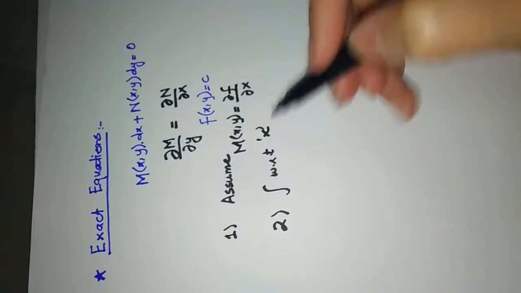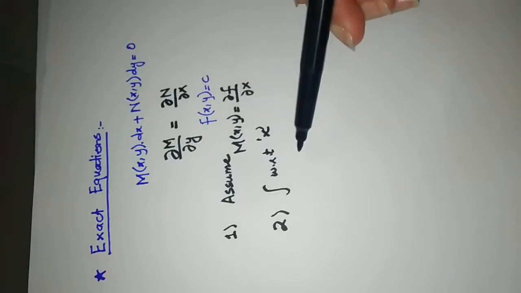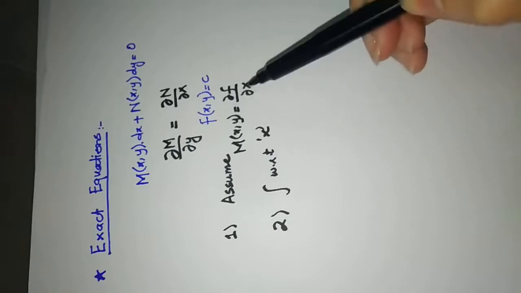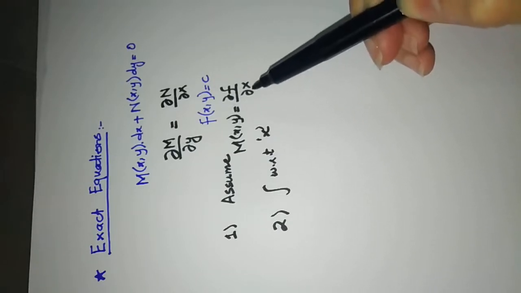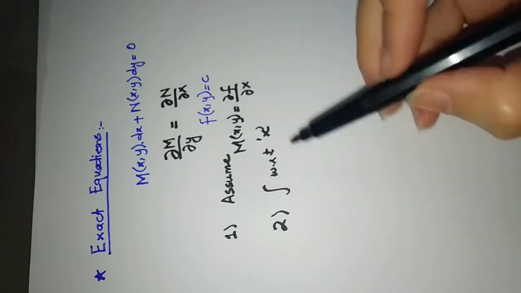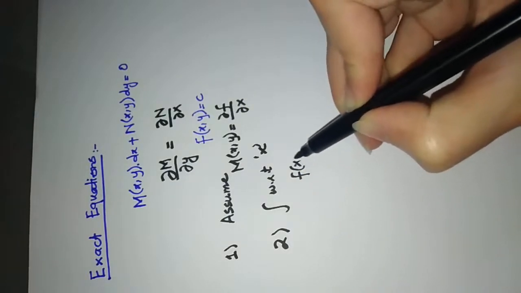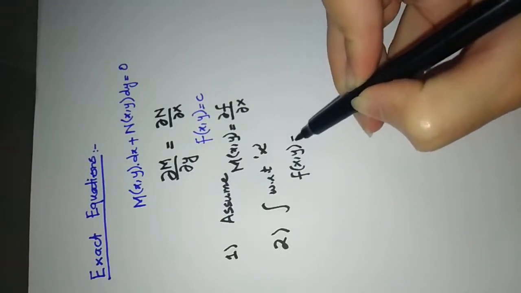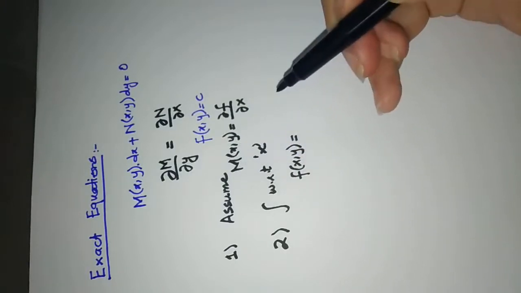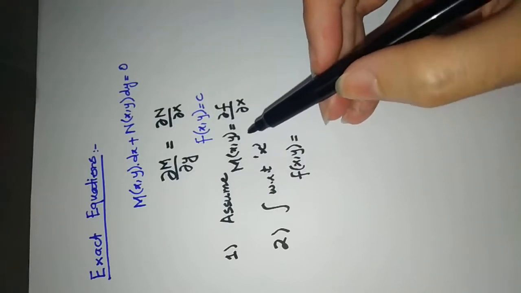I am writing the right hand side on the left hand side. One is a derivative, one is an integral, so they cancel each other and we get only the function f of x, y. And I write the other side as the integral of M of x, y with respect to x, because we don't know the specific function.